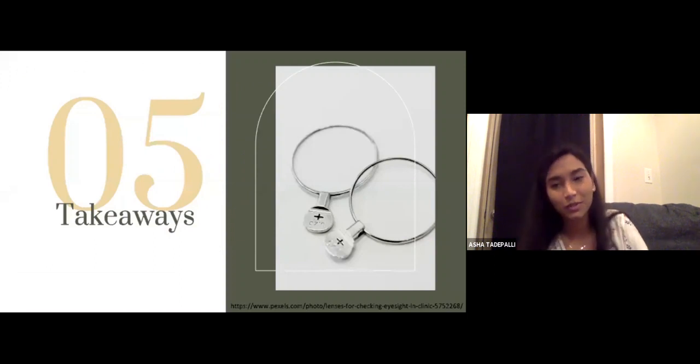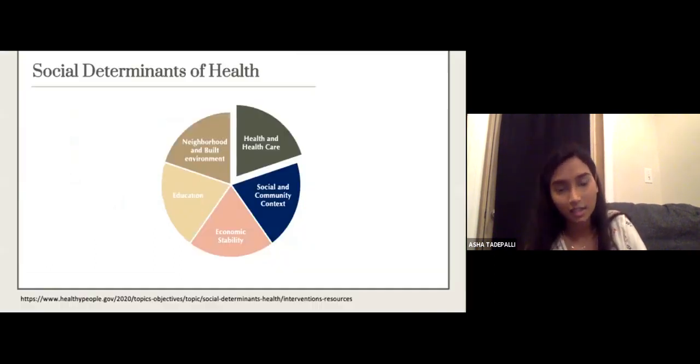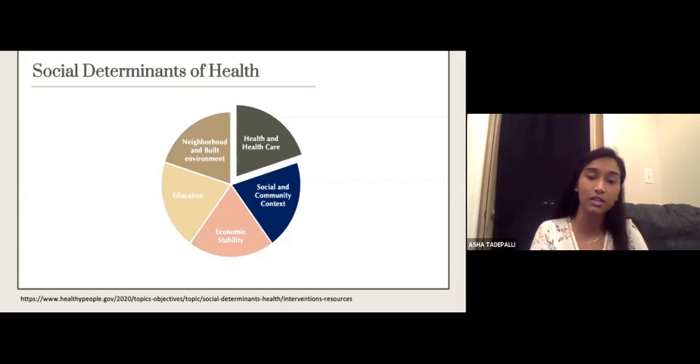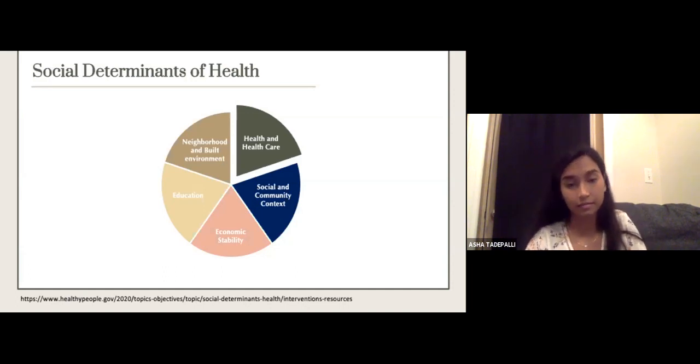So let's quickly review what we discussed throughout the presentation today. Looking at the social determinants of health as defined by Healthy People 2020, they include a patient's neighborhood and built environment, their education or access to education, economic stability, their social and community context, and then finally, where we fit into the puzzle, health and healthcare.